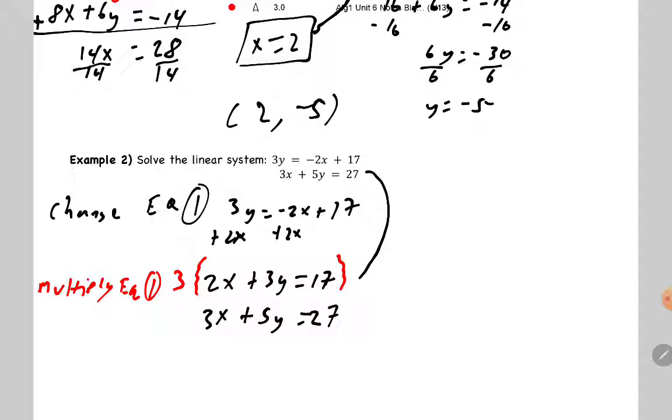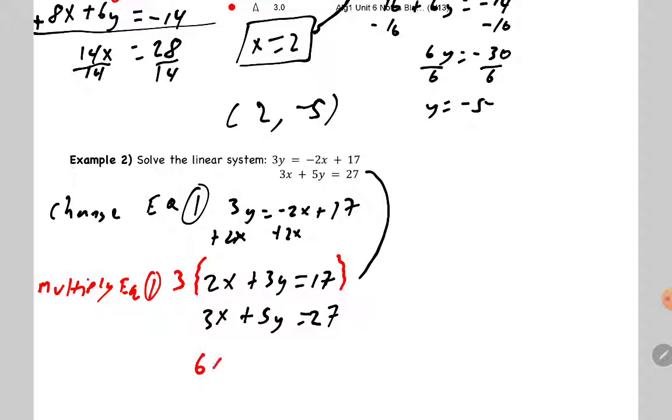So what I'm doing first is I want to choose a variable that I want to get rid of when I add these equations together. And I'm going to choose x. So in order to do that, I need to make the x values, the coefficients, number in front of x, the same. So I'm going to multiply equation 1 by 3.